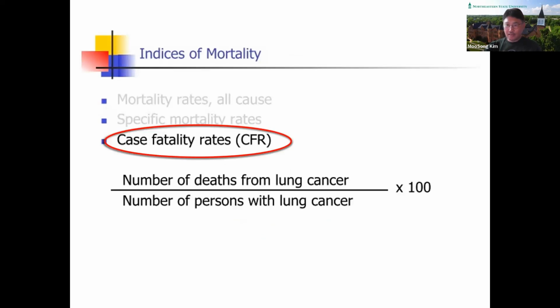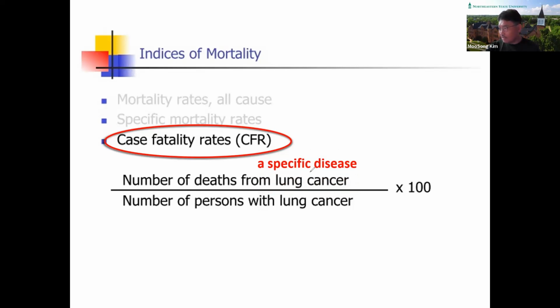So the next mortality rate is case fatality rate. It is kind of similar to cause-specific mortality rate. So we still use the number of deaths from a specific disease. So this is the same, okay?